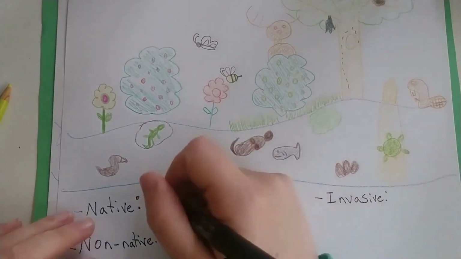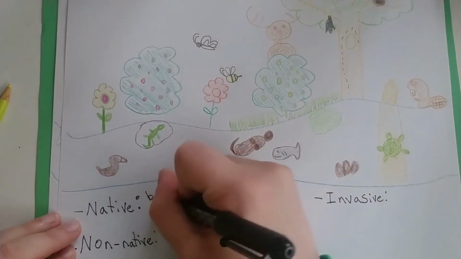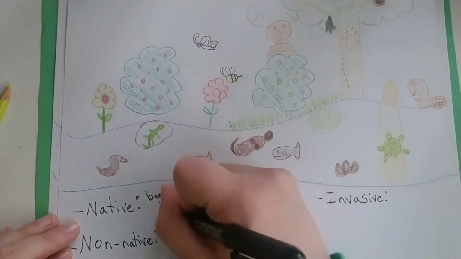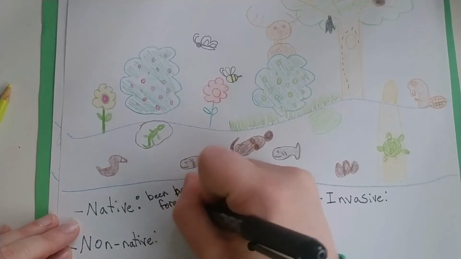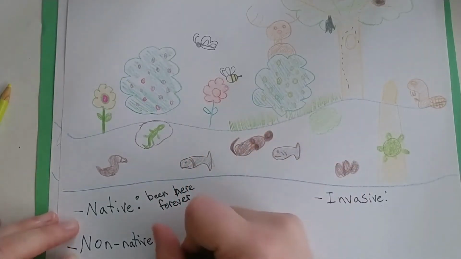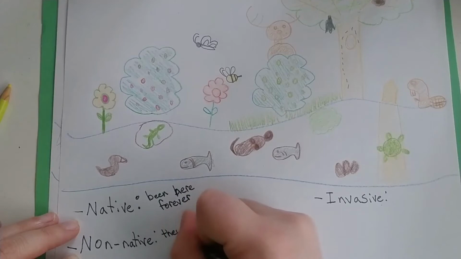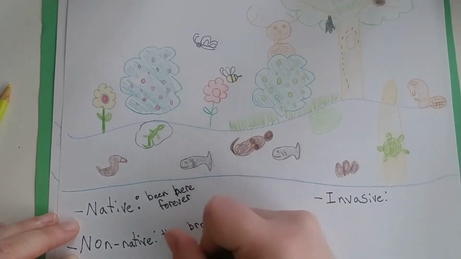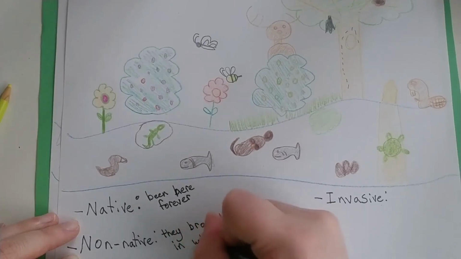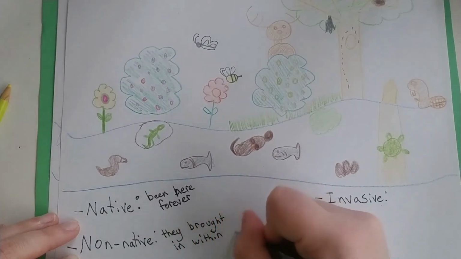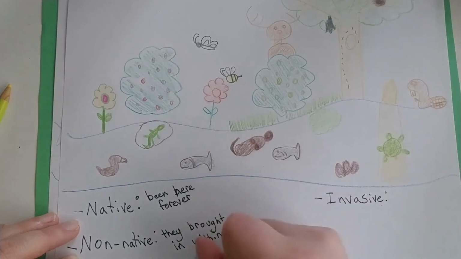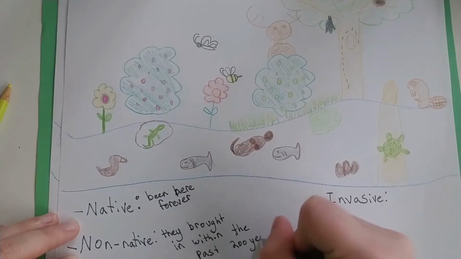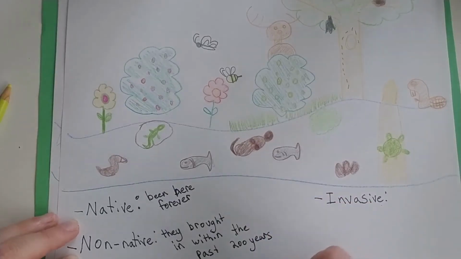So native means they've been here forever. Non-native, they were brought in the past 200 years. And they're not originally from here.